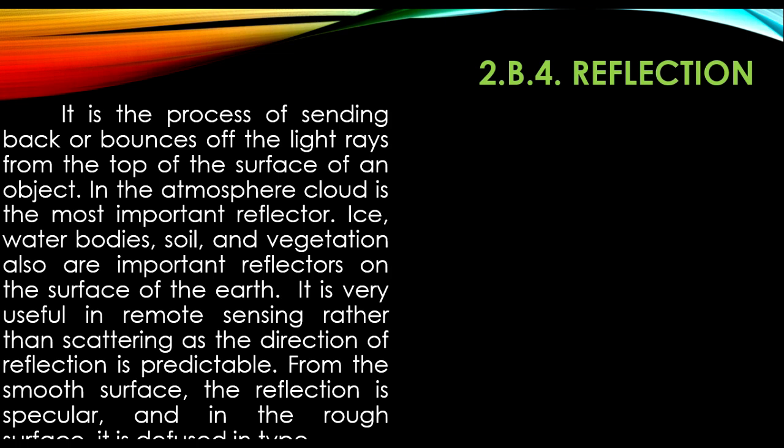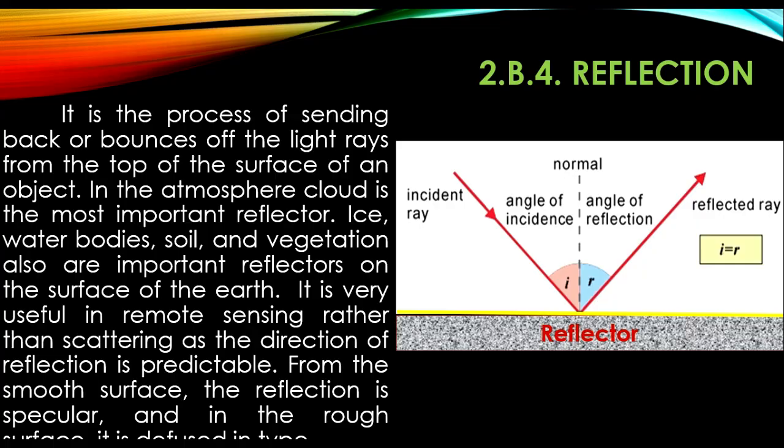It is very useful in remote sensing rather than scattering, as the direction of reflection is predictable. From a smooth surface the reflection is specular, and from a rough surface it is diffused in type.